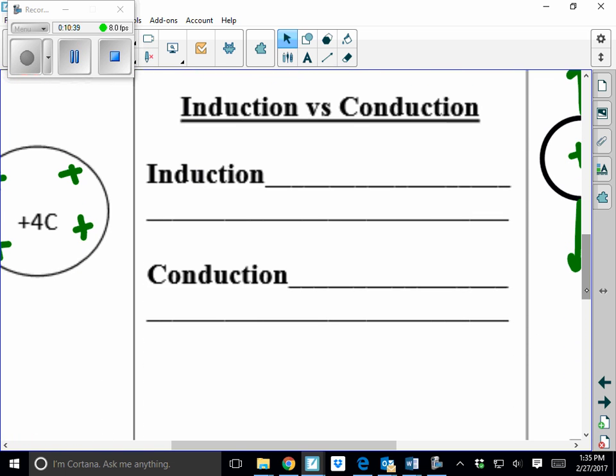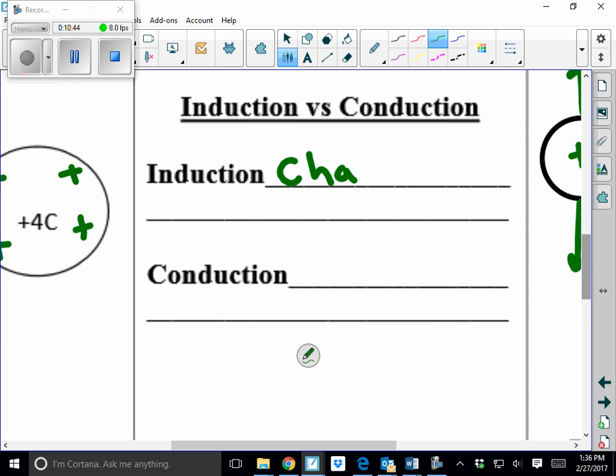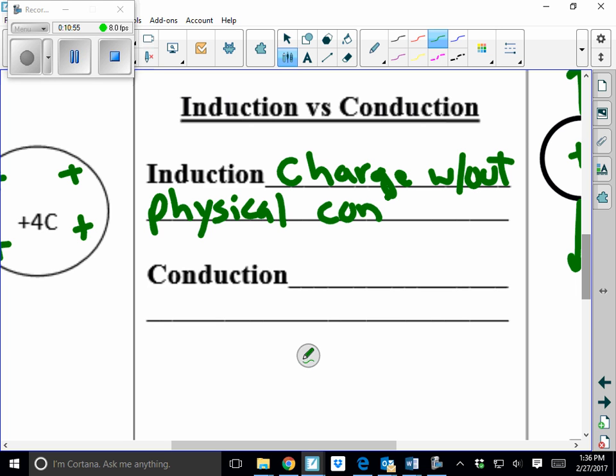Okay, induction versus conduction. Induction is you charge without physical contact. Case in point.